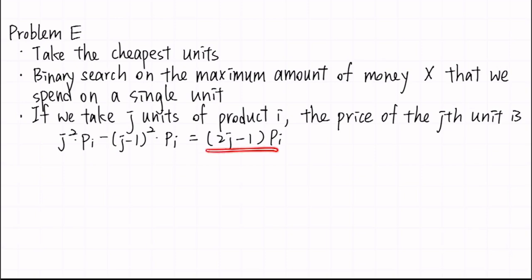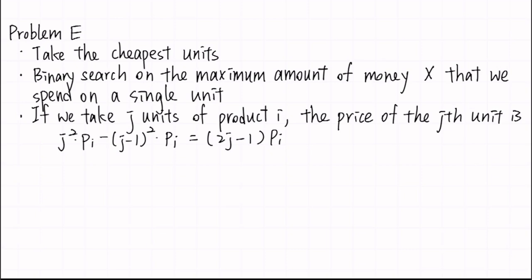So this is equal to 2j minus 1 times p_i. So 2j minus 1 times p_i will just be the price of the jth unit of product i. So this means that for each product, we can get the price for each of its units.